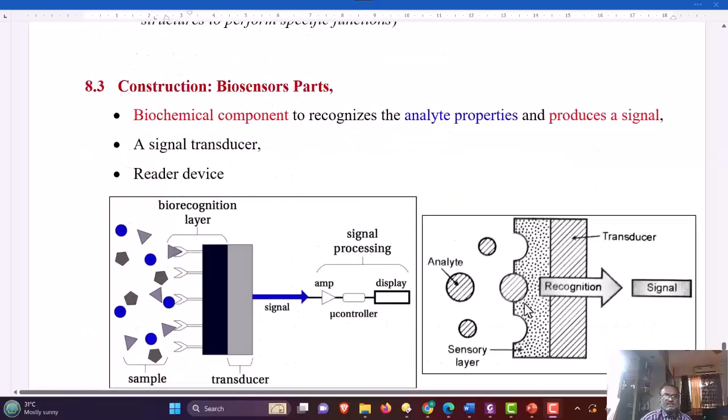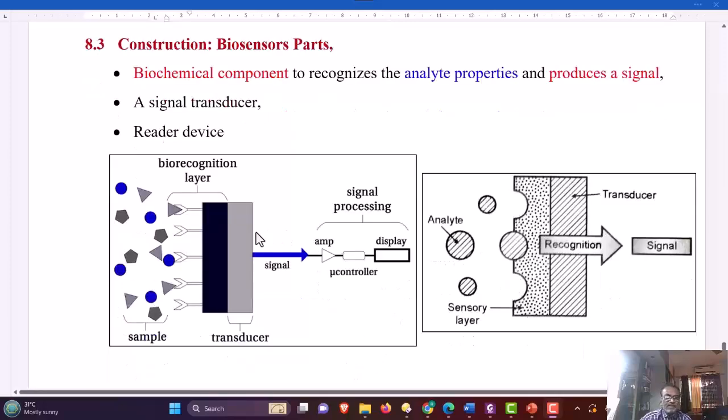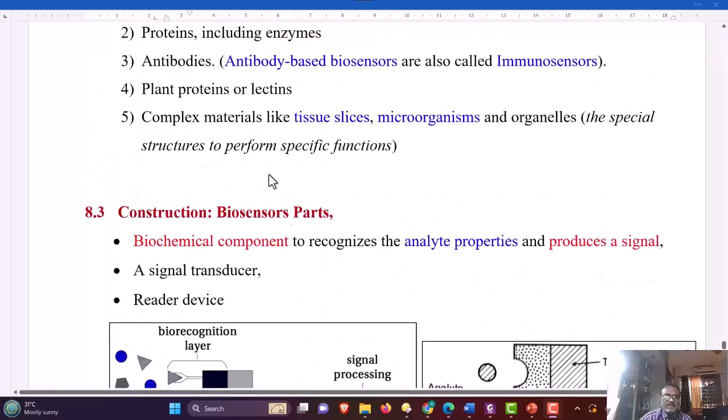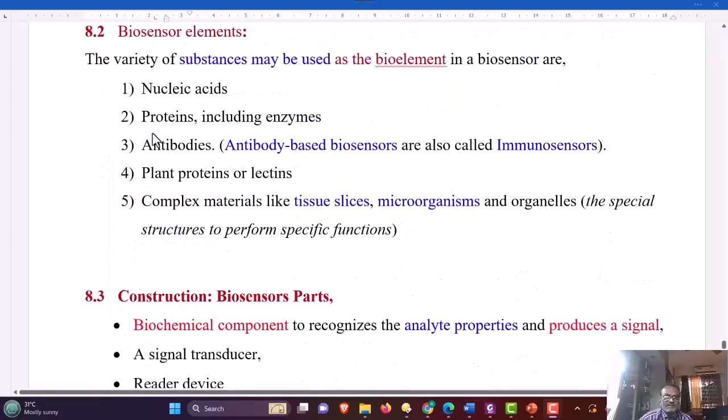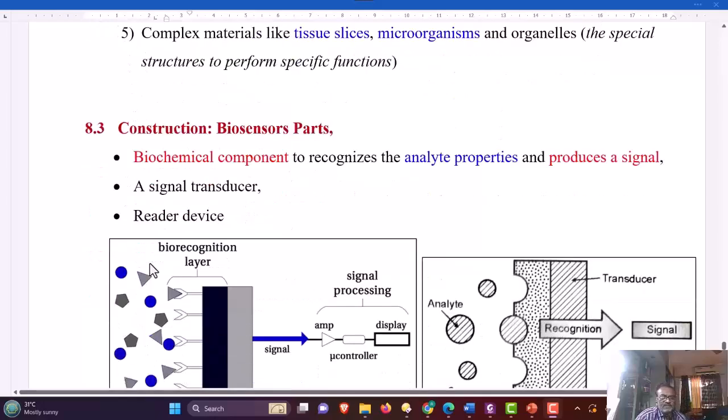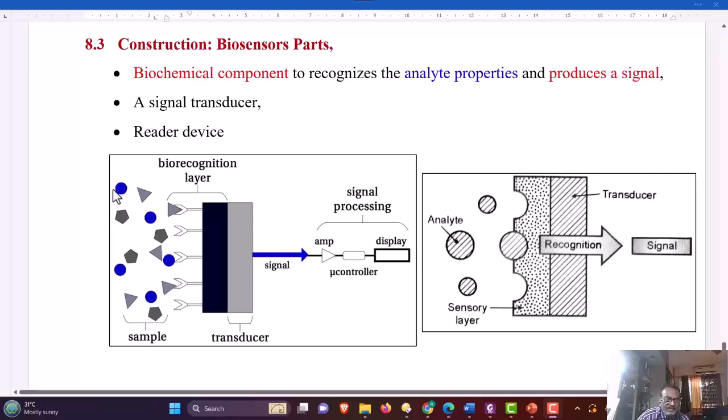A typical construction and the parts of biosensors are shown here. The biosensor consists of a transducer which detects the signal generated by the biorecognition layer. These biorecognition layer elements are shown here as biosensor elements. The chemical reaction takes place here. If you see, the various forms of sample molecules are shown by different shapes.